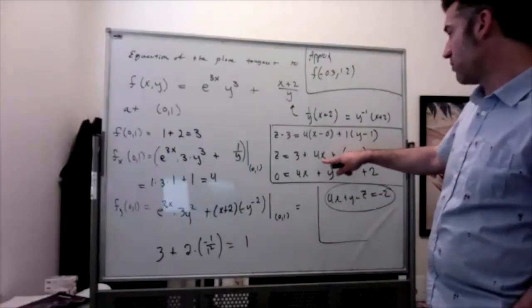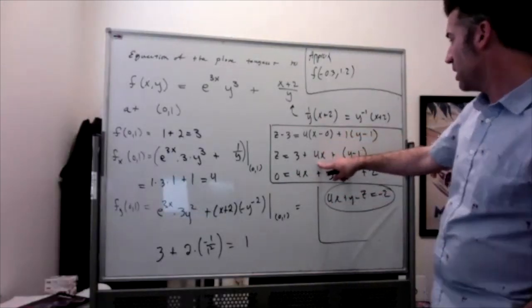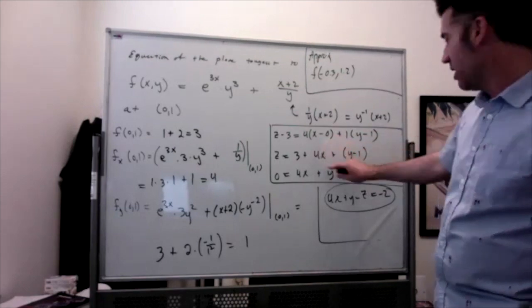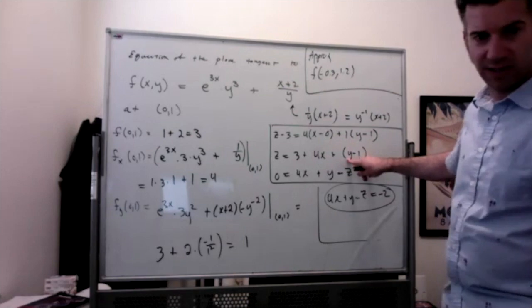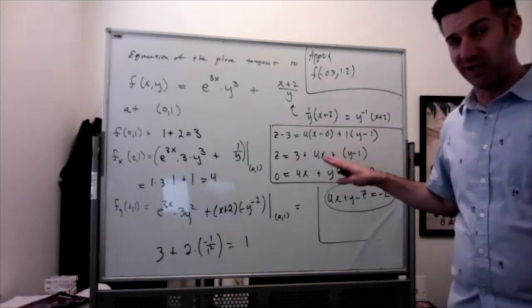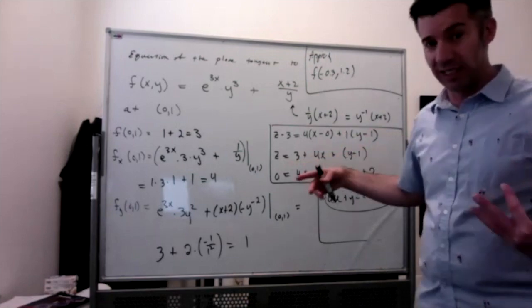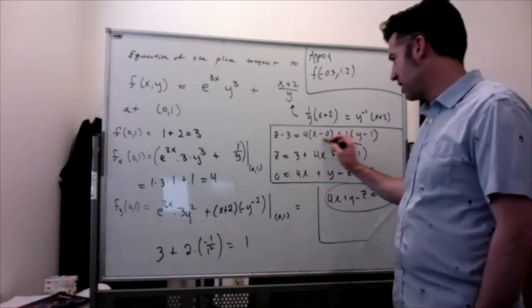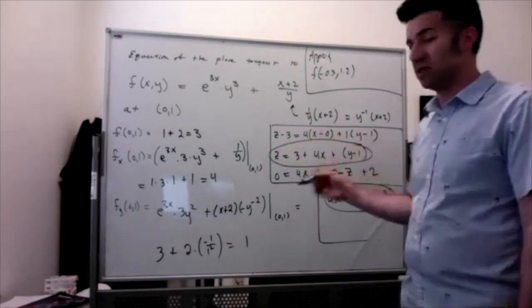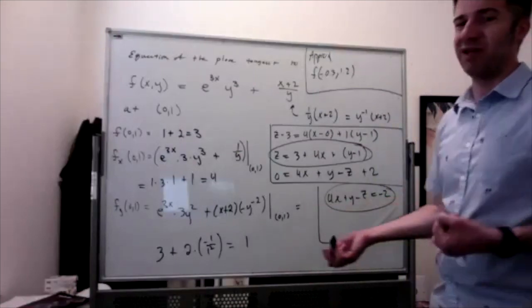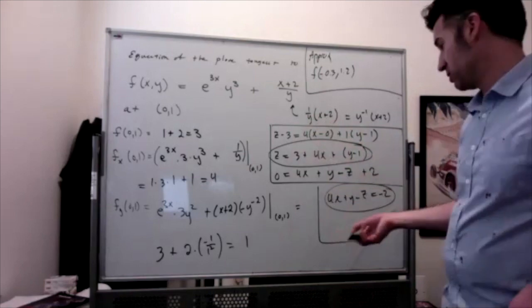If you plug it into this equation, it's easy to see you're getting 4 times the x difference and just the y difference. This probably is not a great example to show how much easier it is, but it is usually easier to plug into the linearization-style result to find your approximation.